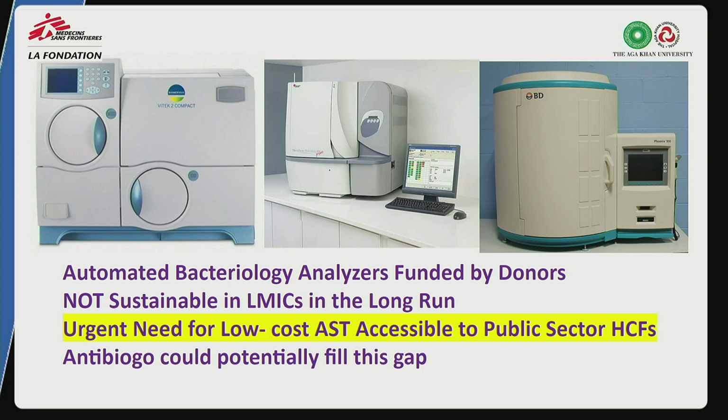Maintenance of the machine, the public sector hospitals are unable to do. When the project funding closes, there's no maintenance, there are no reagents. They are in the long run not sustainable. If the government hospitals, the county hospitals have to maintain them, they will not be able to sustain the reagents.